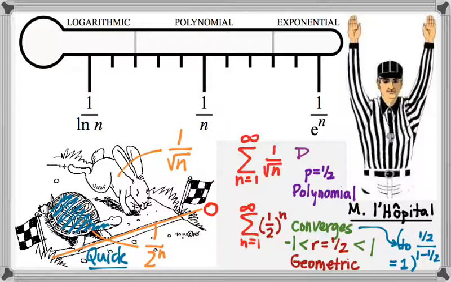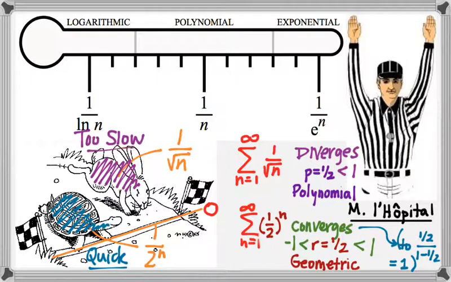It diverges because this exponent is less than 1. So in other words, even though the terms of that series were still racing towards 0, they weren't getting there quickly enough. Too slow. So in the famous race between the tortoise and the hare, here the tortoise won. I guess it always wins in the nursery rhyme.